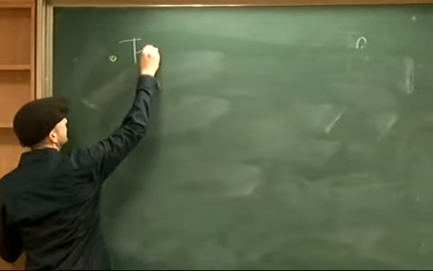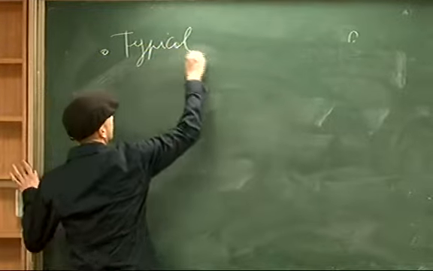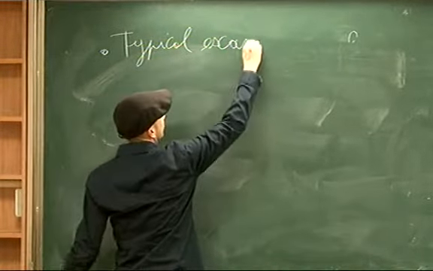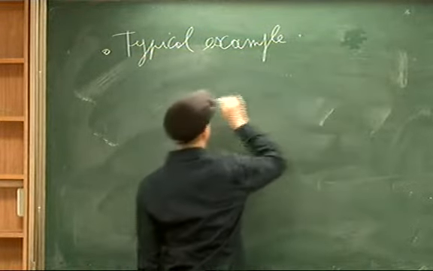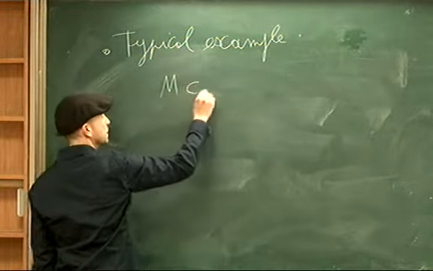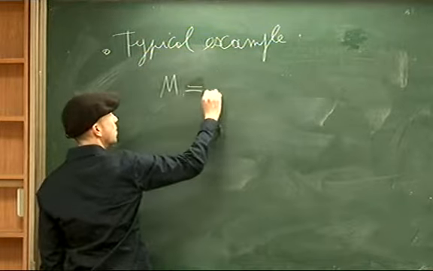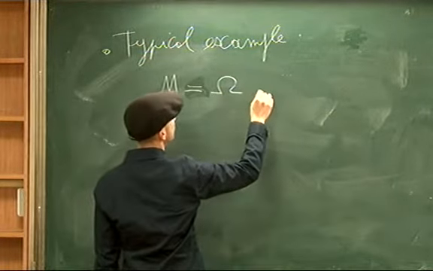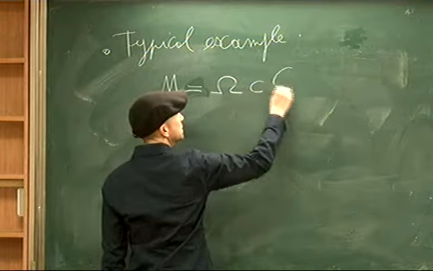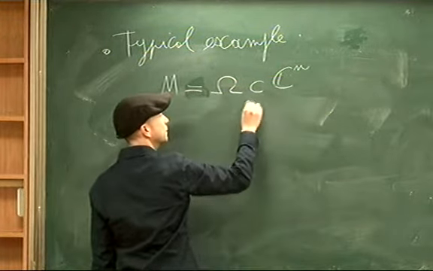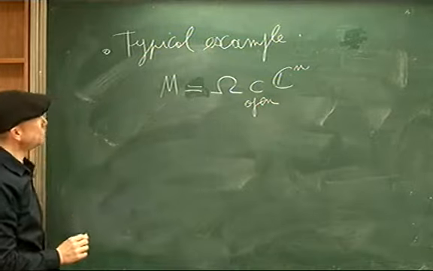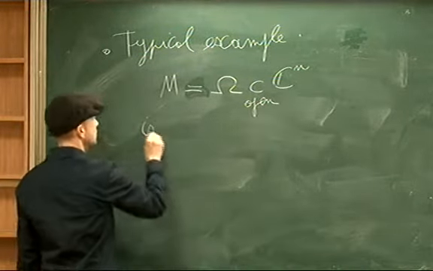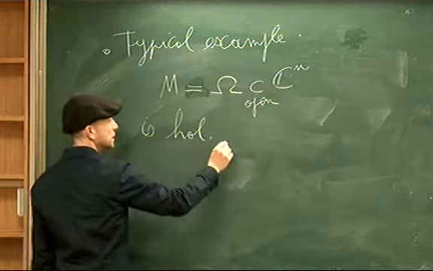M equals omega, so I'm going to denote omega for a domain in Cn. Domain means open and connected. So this is holomorphically separable.